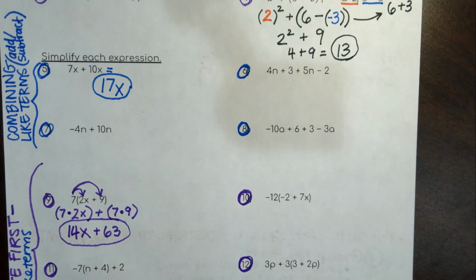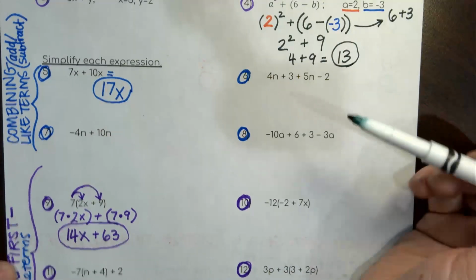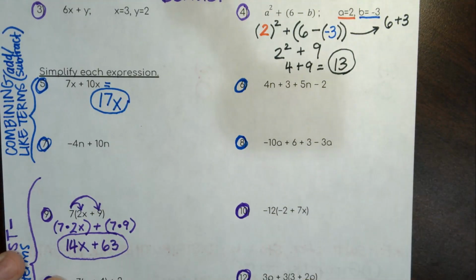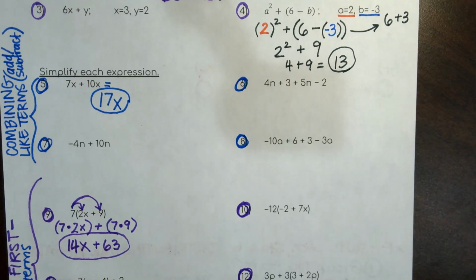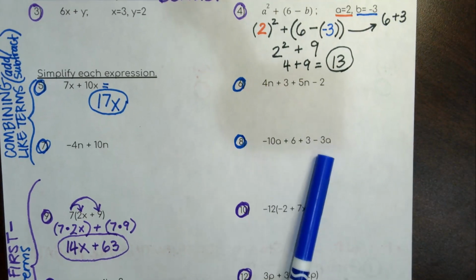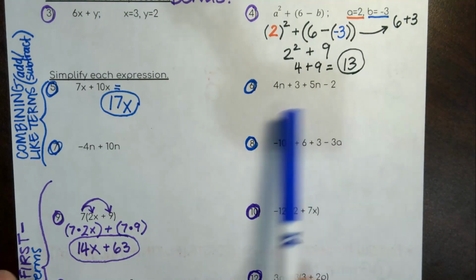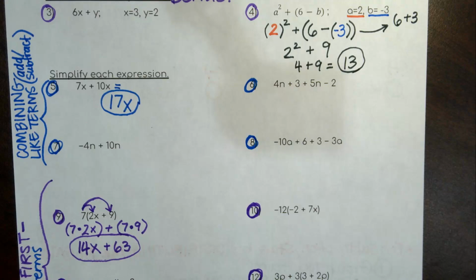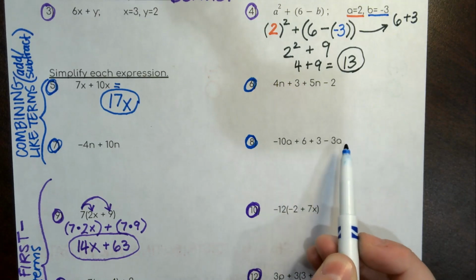How about for this section, we'll do number 6 or number 8. Which one do you guys want to see? Let's do number 8. That one looks a little scary. Okay, so when we are combining like terms, remember all we're doing is adding and subtracting, and we can only add and subtract terms that have the same variable on them.